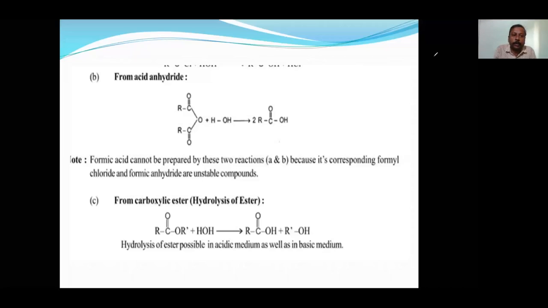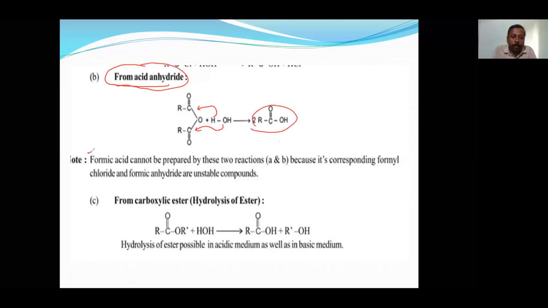Okay, after solving the questions related to up to that topic, now we are into the next hydrolysis. As I told you, total 4 acid derivatives are there. This is the second acid derivative, acid anhydride. This already I told you. So this H and OH will be there, 2 moles of carboxylic acid.